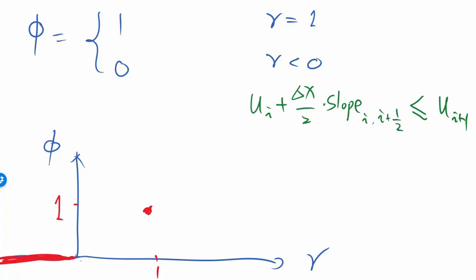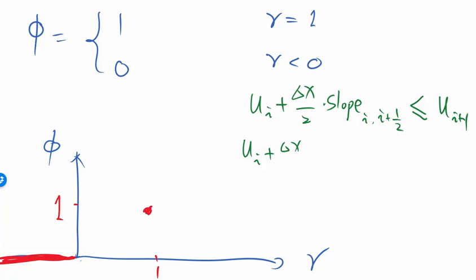If it exceeds ui plus 1, then, because I have no idea what ui plus 2 is, if ui plus 2 is actually lower, that means ui plus 1 is a local maximum, and I cannot just exceed that local maximum. So that cannot be true.